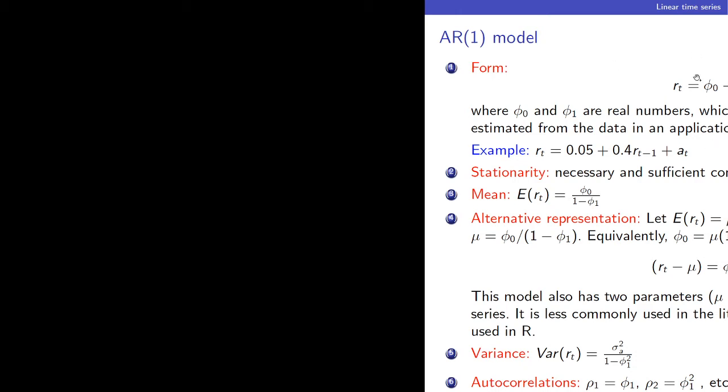Here we have two coefficients, phi sub 0 and phi sub 1. They are real numbers. We'll call them parameters, and we have to estimate them from the data. An example, this is an AR(1) model.